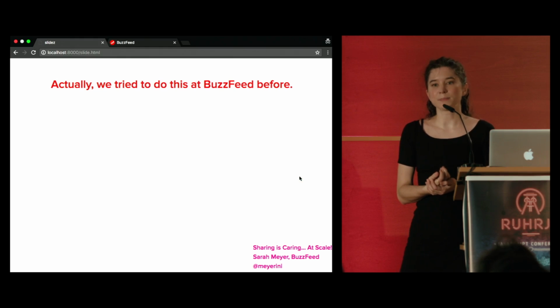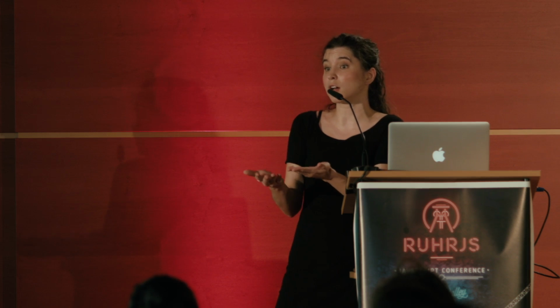Because we had actually tried to do this at BuzzFeed before. It was called Waffle. It didn't work. Why didn't it work? First of all, because we didn't actually need it. Until we had that splitting up of the front end, in a monolithic web app, it's actually quite easy to manage that code sharing. You can handle the templating just through imports. Styles are shareable almost by default, almost a little bit too shareable by default, right?